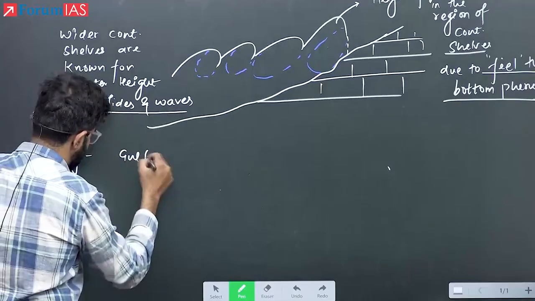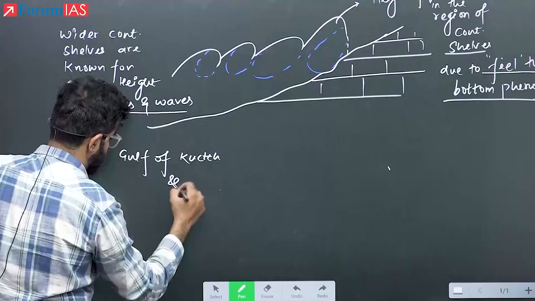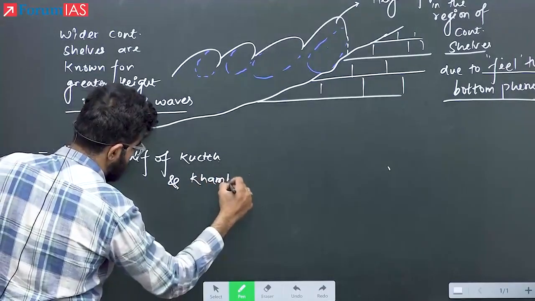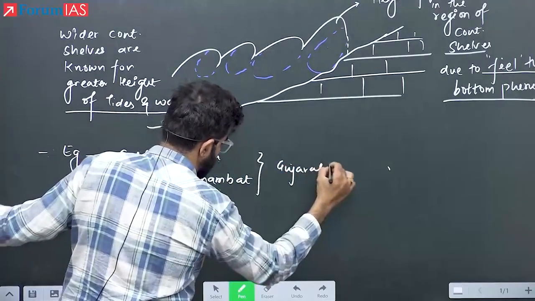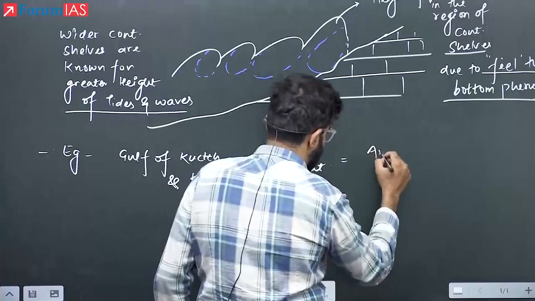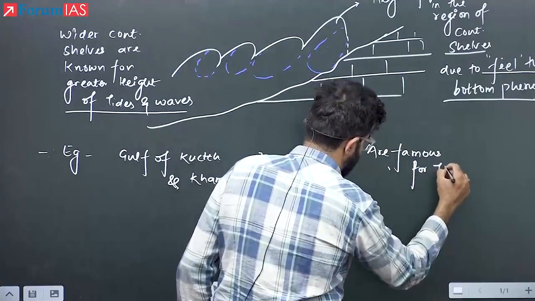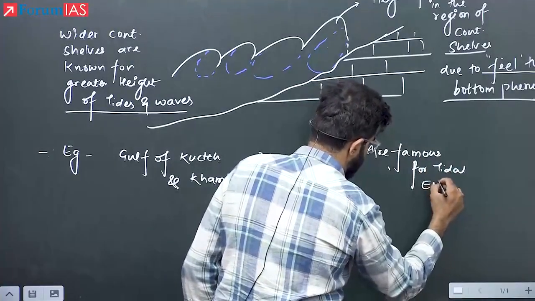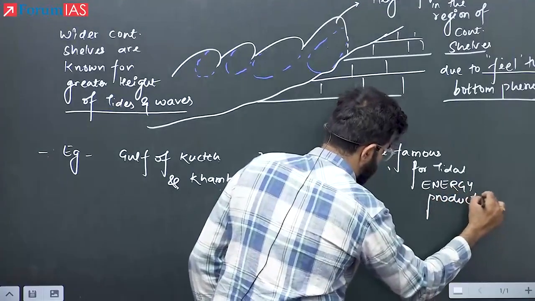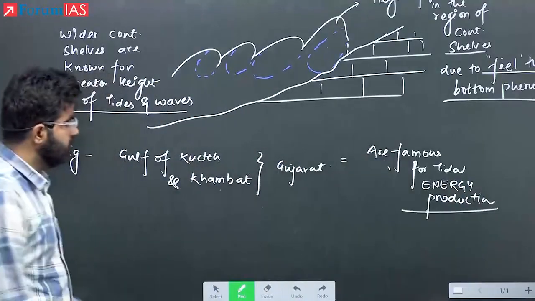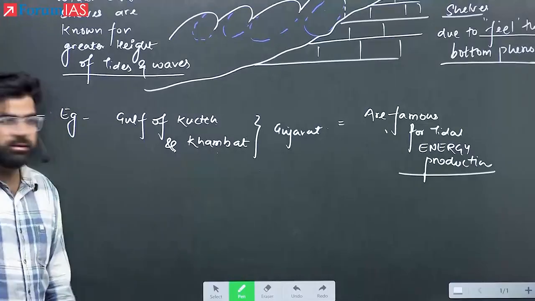Example, Gulf of Kutch and Khambat. Therefore, this Gulf of Kutch and Gulf of Khambat region of Gujarat is very famous for tidal energy production, right?